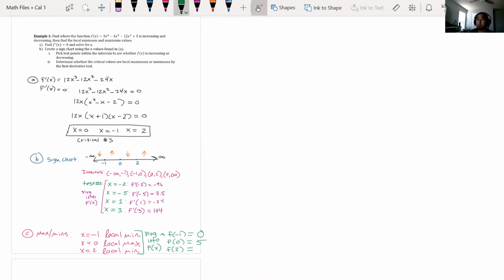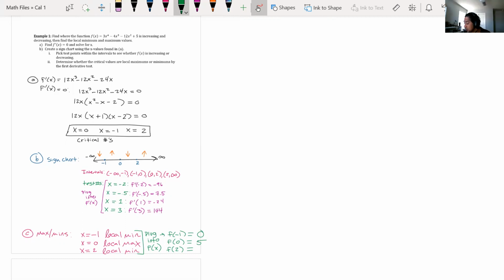And then 2, oh boy, that's got some work to do. But 2 to the 4th is 16. 16 times 3 is 48. And then minus 2 cubed is 8. 4 times 8 is 32. So 48 minus 32 minus 12 times 2 squared. That's 4.